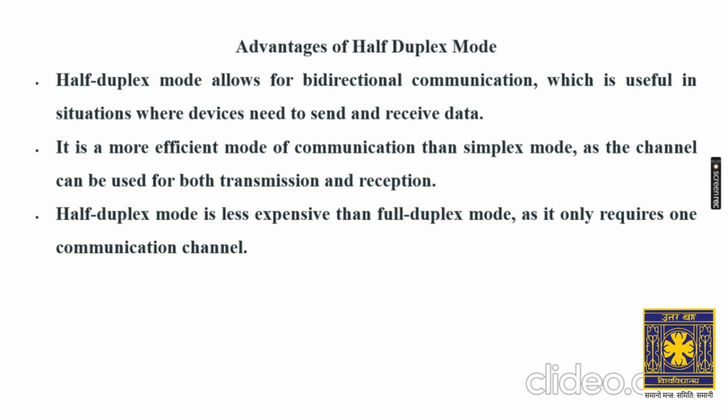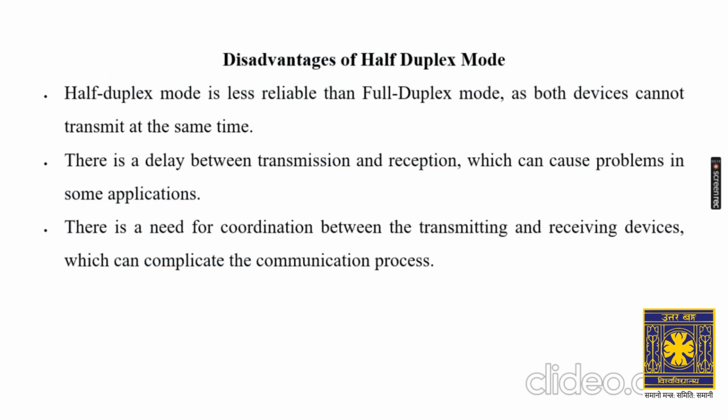It is a more efficient mode than simplex mode, as the channel can be used for both transmission and reception. So one channel is used for transmission as well as receiving, but not simultaneously. Half duplex mode is also less expensive than full duplex mode, as it only requires one communication channel.